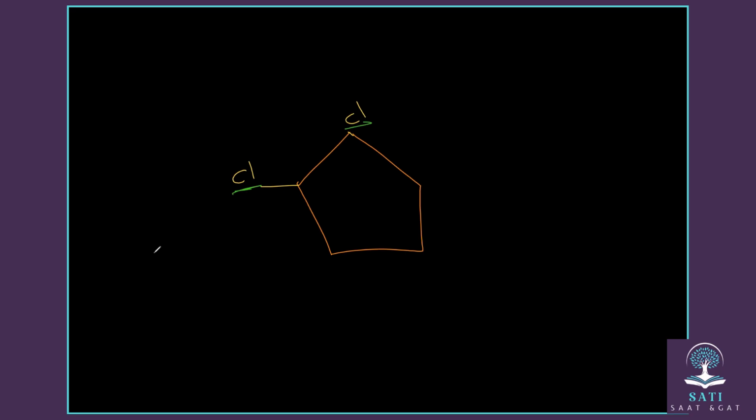First, I need to understand how many carbon atoms are on the cycle. There are 5, as you see, 5 corners. So this is now pentane. But what type of pentane is it? It is cyclopentane. What is attached to cyclopentane? Chloro.